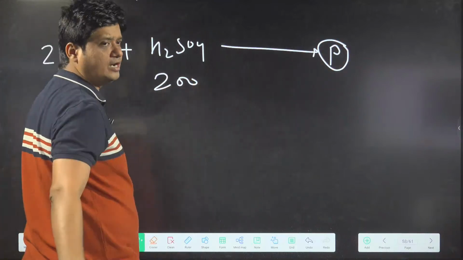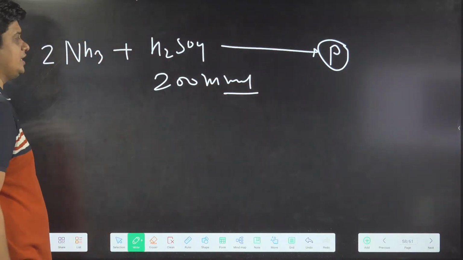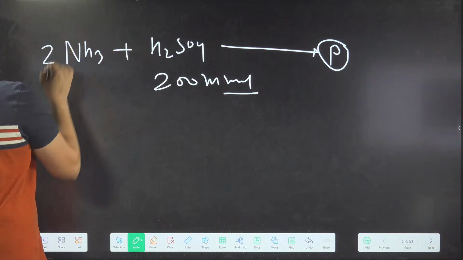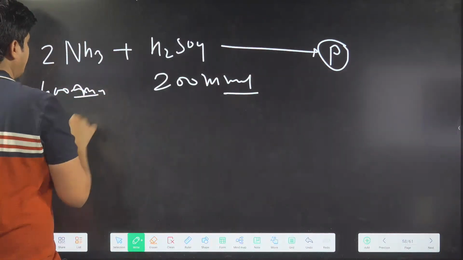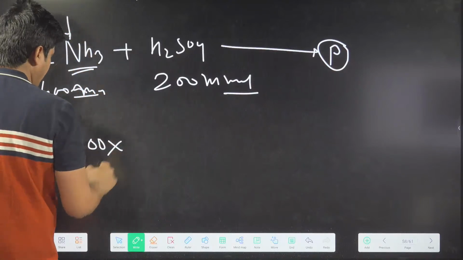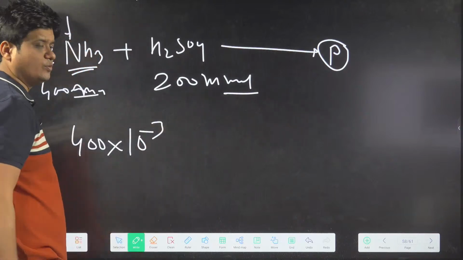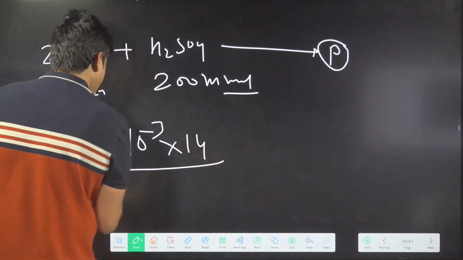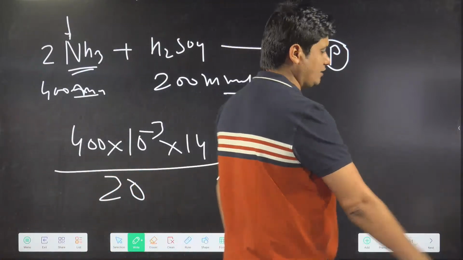Sulfuric acid is 200 millimole, which is actually reacting with ammonia. So 1 to 2, it is 400 millimole of ammonia. 1 ammonia has 1 nitrogen, so nitrogen is exactly the same, 400 millimole, meaning 400 into 10 power minus 3 mole. Mass of nitrogen is 14 times this, divided by mass of organic compound, multiplied by 100. This is the percentage of nitrogen.